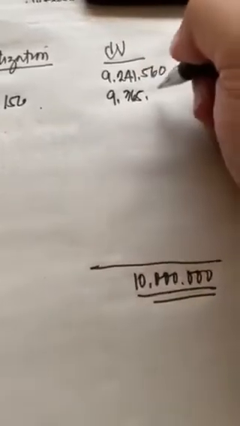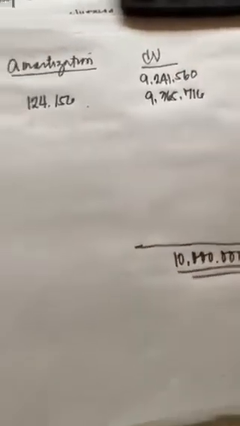Therefore, the new carrying value of the bond is 9,365,716. You just follow the process until you reach the last year. There will be a difference because in the amortization we did not round off the factor, so we adjust it to the effective interest. Then you will have 10 million as your maturity value of the bond.